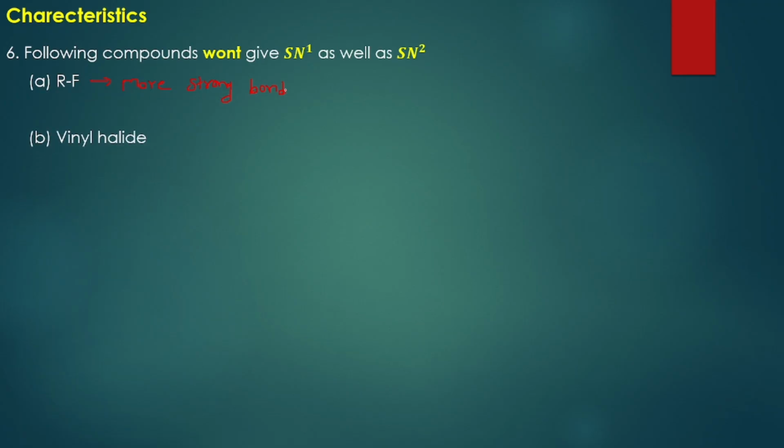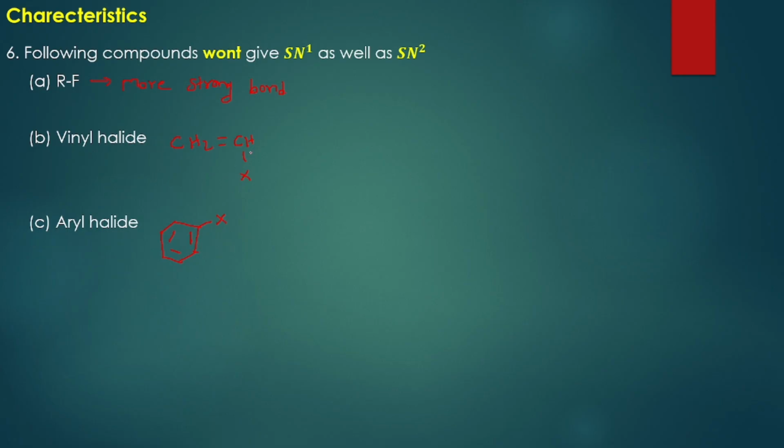Second one, vinyl halide, never and never on the double bonded carbon. No nucleophilic substitution can take place. Aryl halide, same story. On the double bonded carbon, neither SN1 nor SN2 is possible.